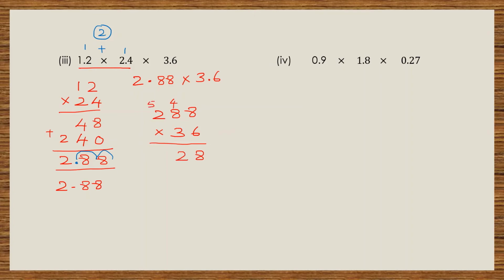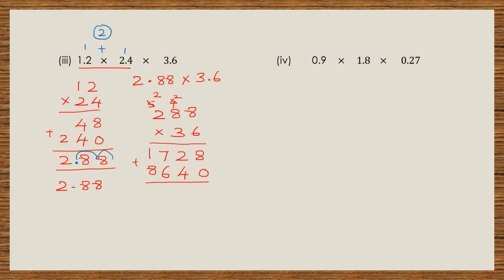Carry 5. 6 2s are 12 plus 5, 17. Second step. 3 8s are 24. Carry 2. 3 8s are 24 plus 2, 26. Carry 2. 3 2s are 6 plus 2, 8.